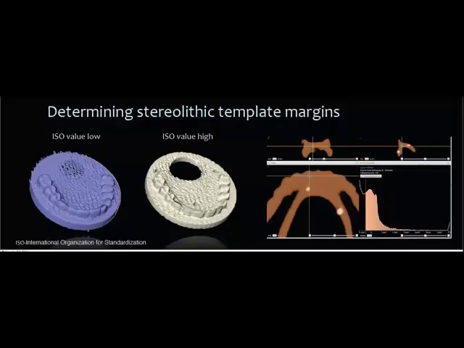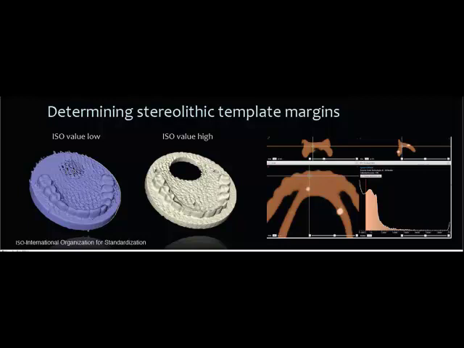So how do we determine the stereolithic template's margins? Our radiographic templates are essential in this whole process. We need to identify the margin of the radiographic template so that when it's manufactured via stereolithography, the surface of the template is very clear and very accurate.